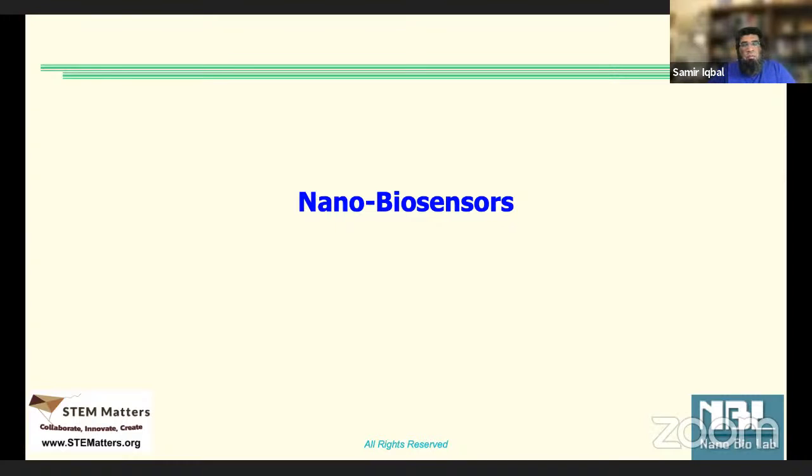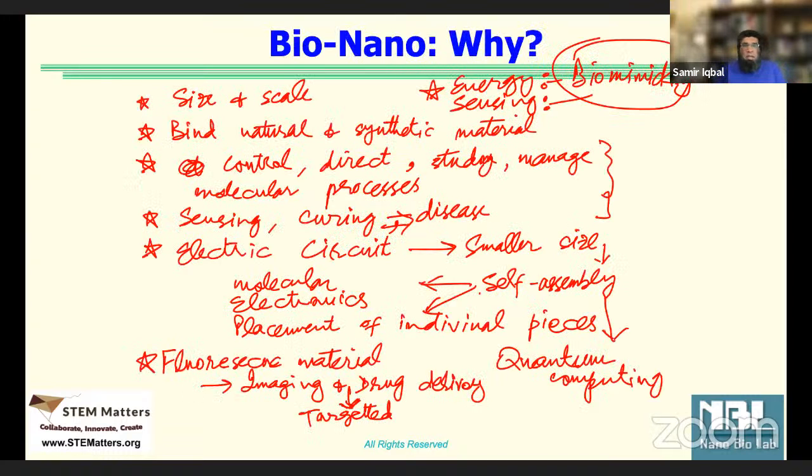But the biggest application I can see is Bio-Nano. There are many reasons why we believe that nanotechnology will have a big impact in biosensors, not just biosensors, in sensing as well as therapy, in drugs as well.